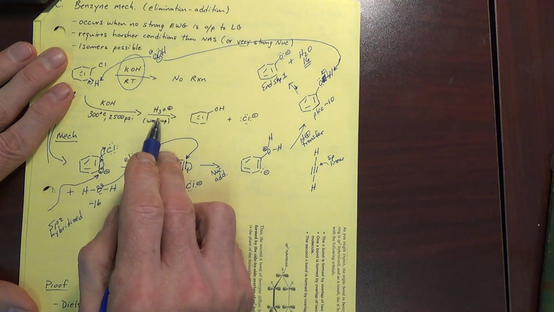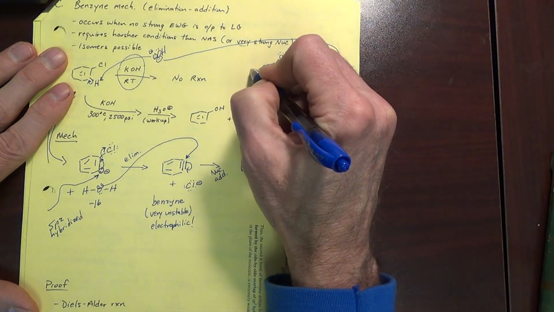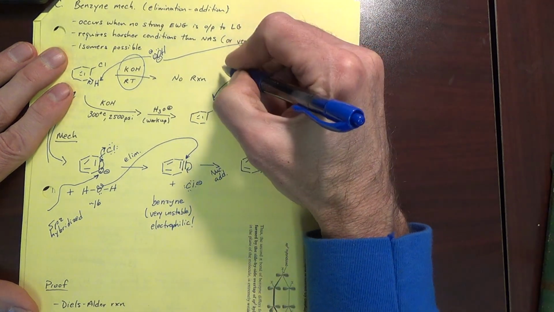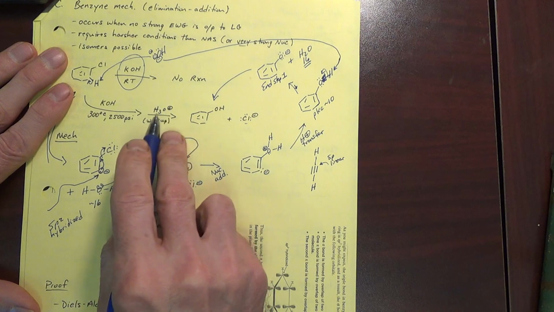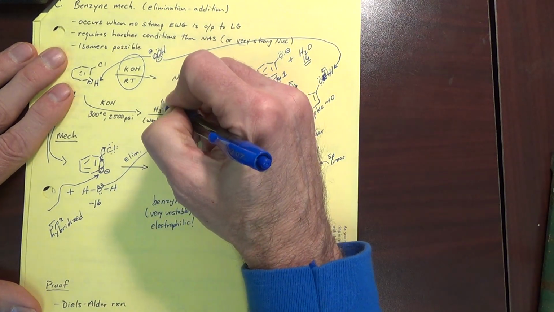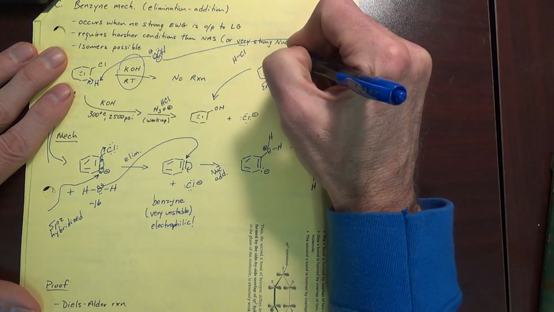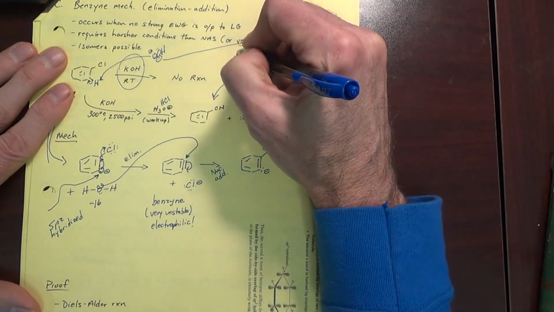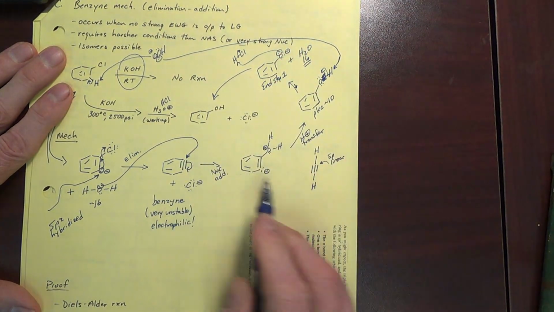Why do we need acidic workup? Because we need to put the proton on. This is going to be some acid here. That's generic. Maybe we add HCl. And these electrons take the H, leave that behind, and so we would then get our phenol.